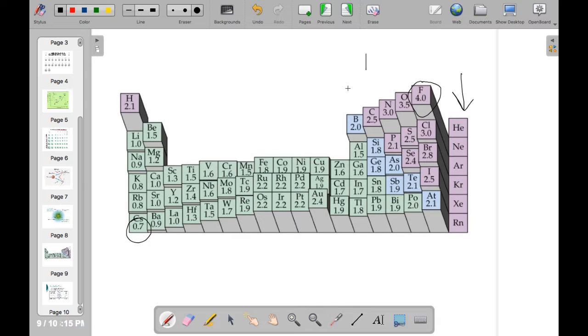And that means it's going to very easily find one electron and bond it to itself so it can become stable. And that goes with all these halogens. See how these halogens are extremely electronegative? They have high electronegative charges, whereas these alkali metals have very low charges. So these are not going to take electrons. They're not going to gain electrons.